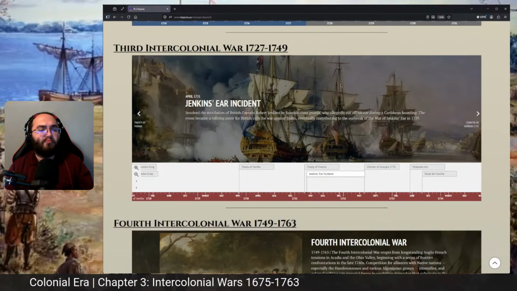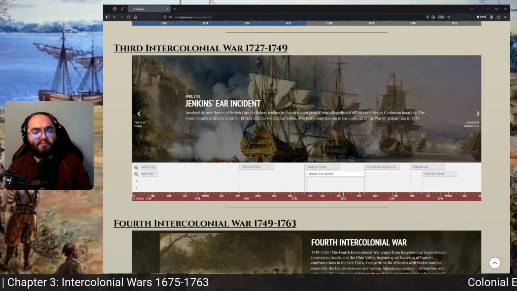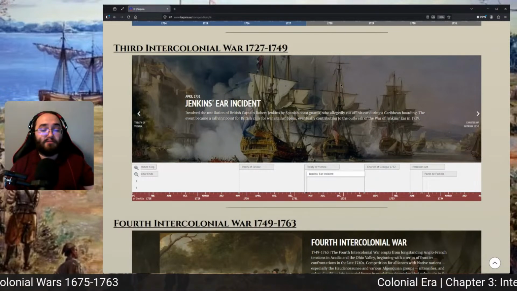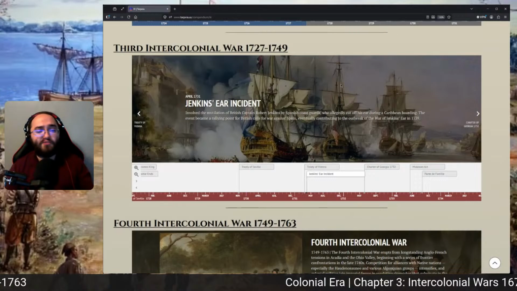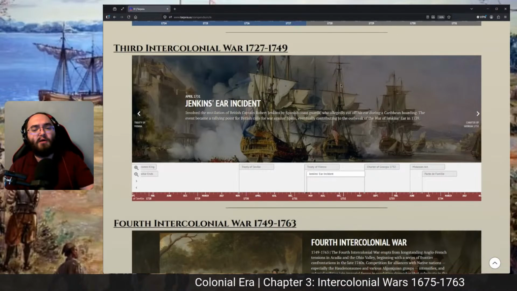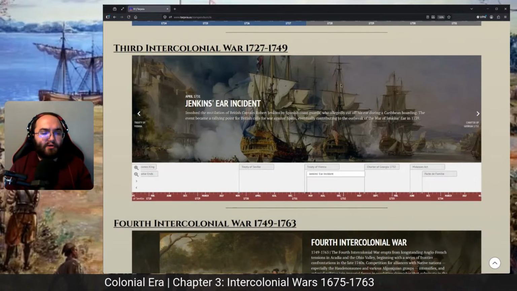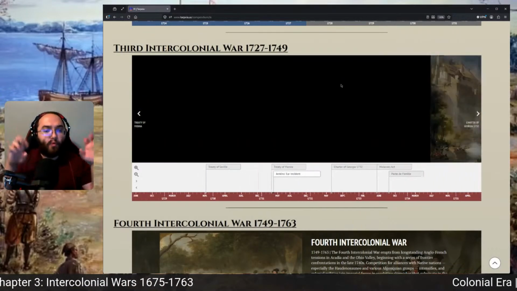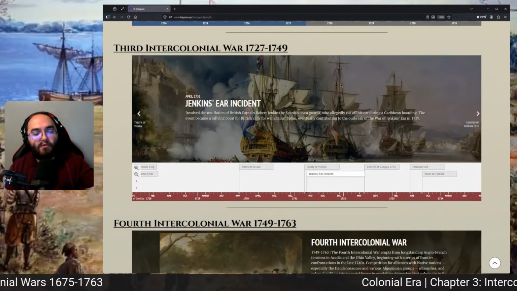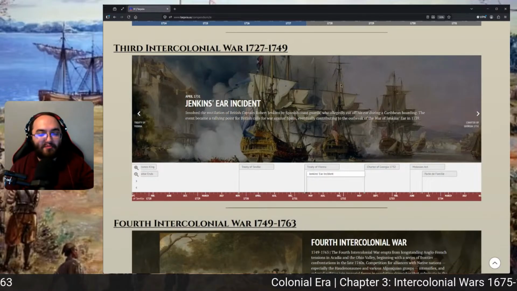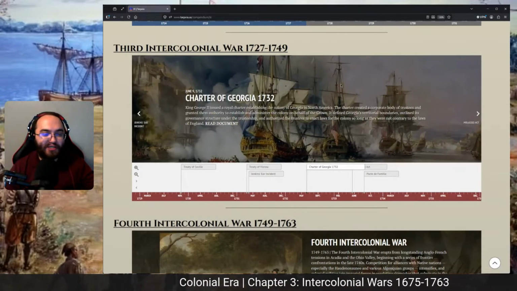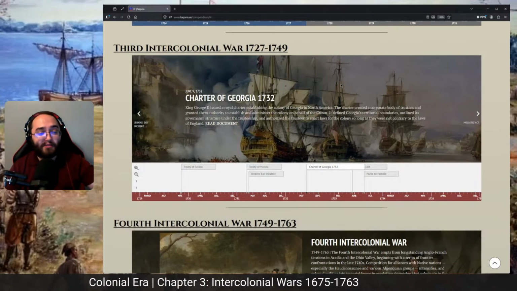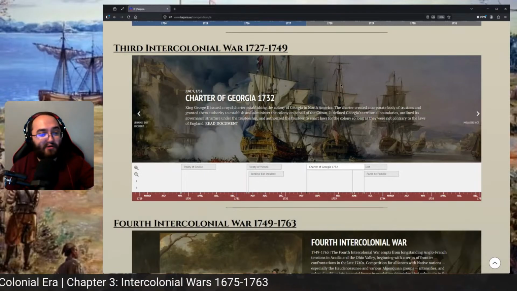It's just one of many incidents between the Spanish and the British, who are trying to establish peaceful and economic relations, and end up fighting each other. So the War of Jenkins' Ear will begin 8 years after this event. So it's not really a war for Jenkins' Ear. It's a war for a completely different issue that we're about to talk about.